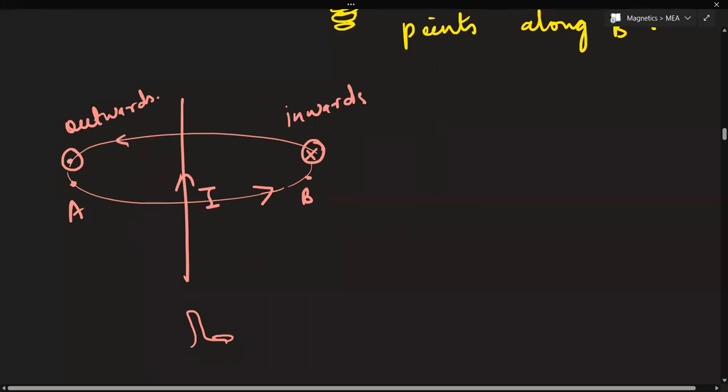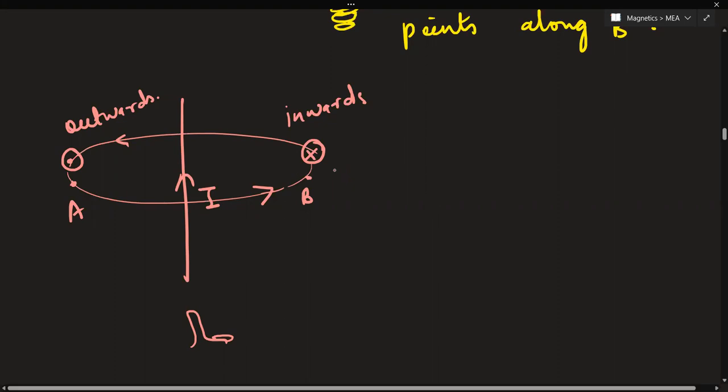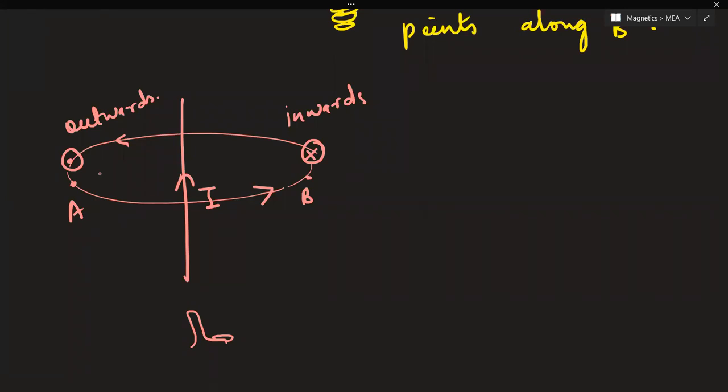So at this point A, it is outwards, and at this point B, it will be inwards, using the right hand. At point B, you will see that your fingers are going inside the page. And for point A, your palm will face towards you, thumb upwards, and your fingers will be moving towards you. That shows outwards. All of you try right now.